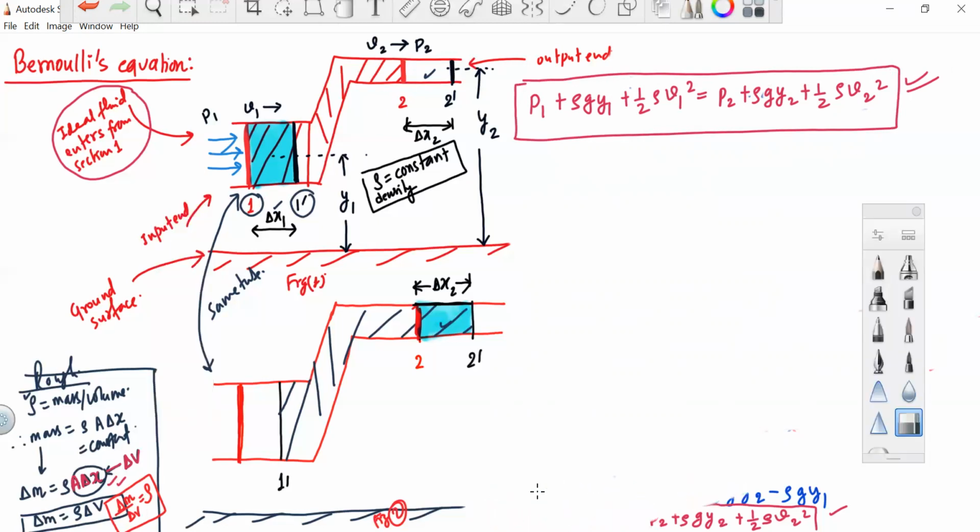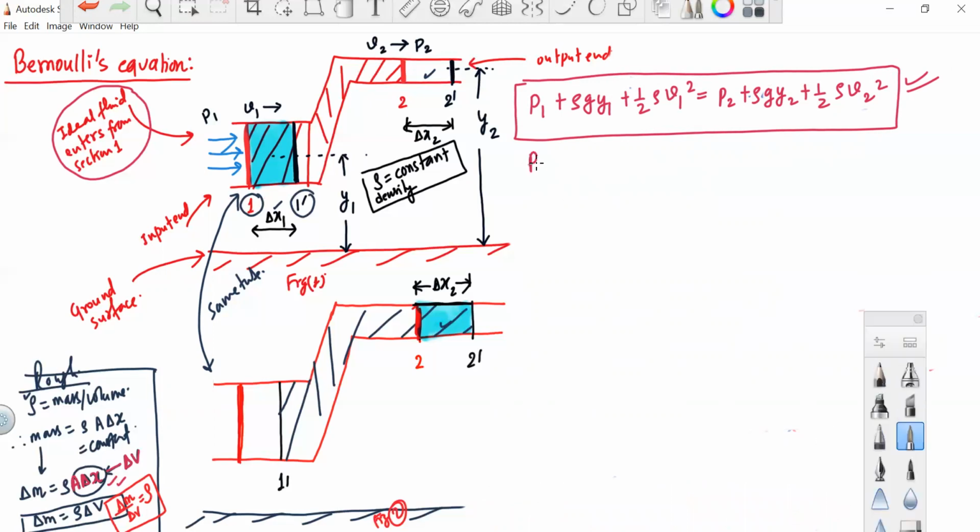On generalizing this expression, we can write: sum of pressure, this is pressure, and this is rho g y, plus half rho V square, dropping 1 and 2.